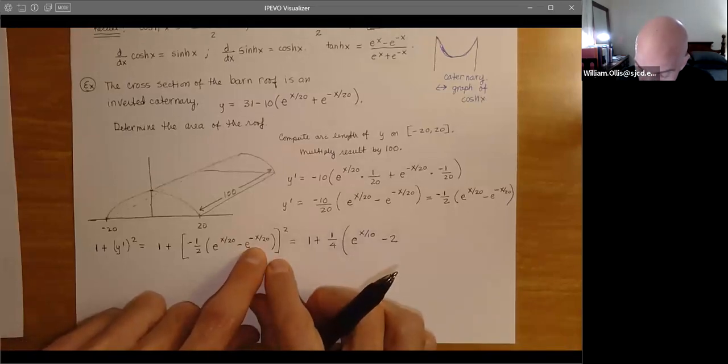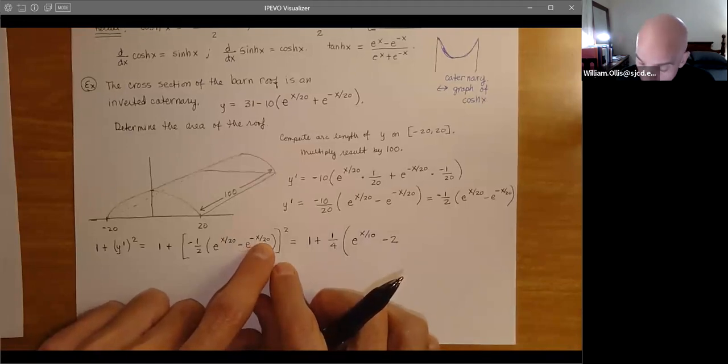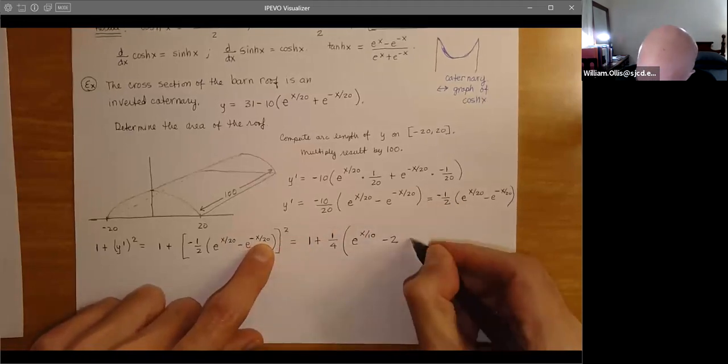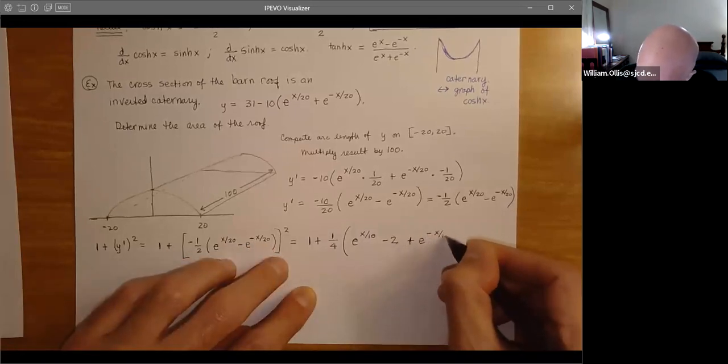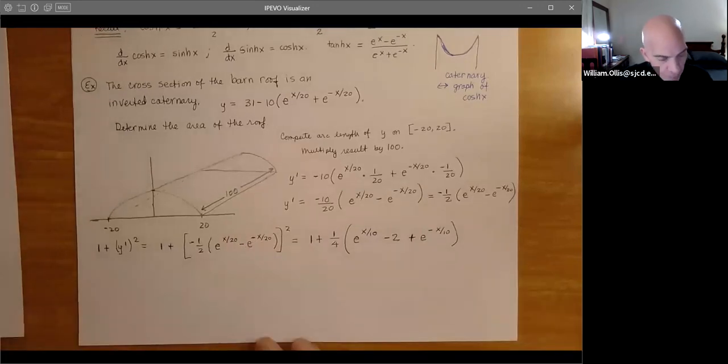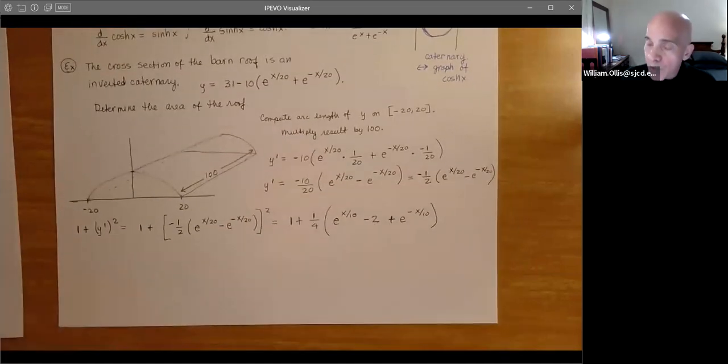And now we square the last term, the 2 again absorbs the 20 into 10, so we get plus e to the negative x over 10. When you look at these calculations, this reminds us exactly of what we did in the previous problem.